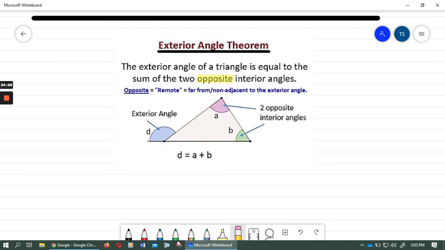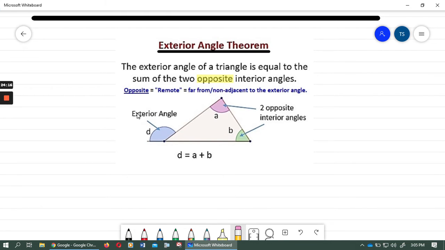Now, some of you might be looking at the word opposite and thinking, Mr. Saki, what are you talking about when you say opposite interior angles? Well, I am so glad that y'all asked. What am I talking about when I say the word opposite?